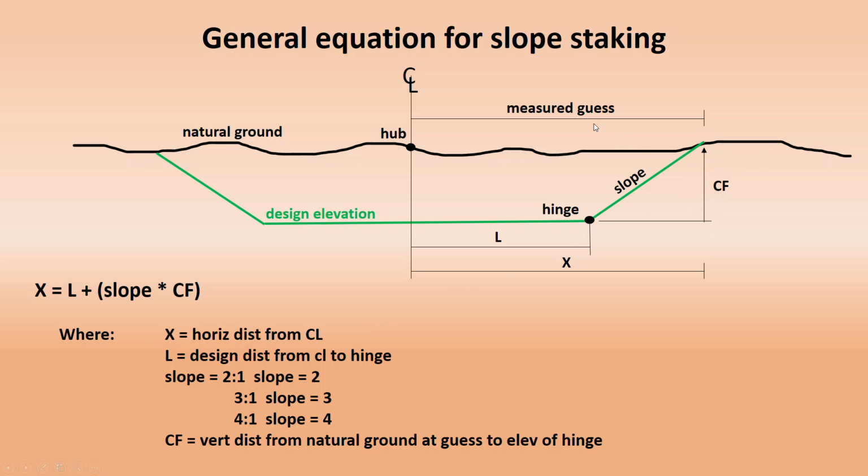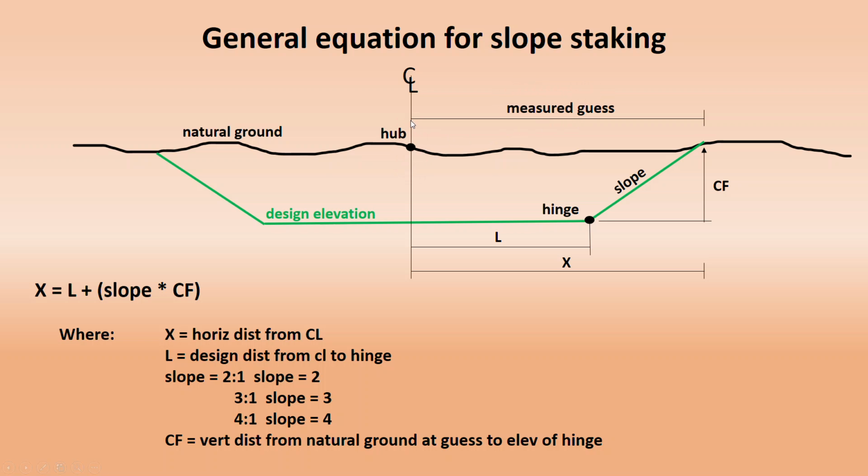And then you see up here what I have labeled is a measured guess. That's where we come into play. This is the iteration process here. We don't have this green line existing out there in the real world to help us know where to begin cutting. All we have is a natural ground surface and a center line point.